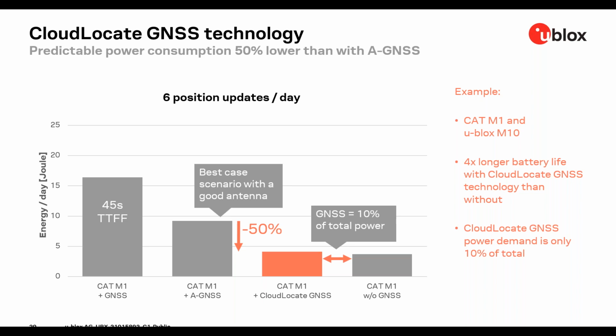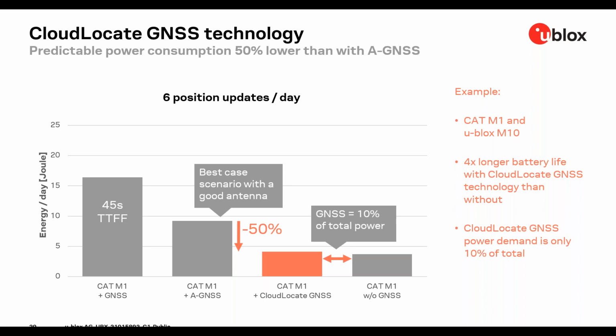So wherever you have a device with connectivity, and I mean, this is the baseline for every IoT business, you can probably also add the location information, adding just a little power consumption on top. And again, achieving a very good position accuracy.